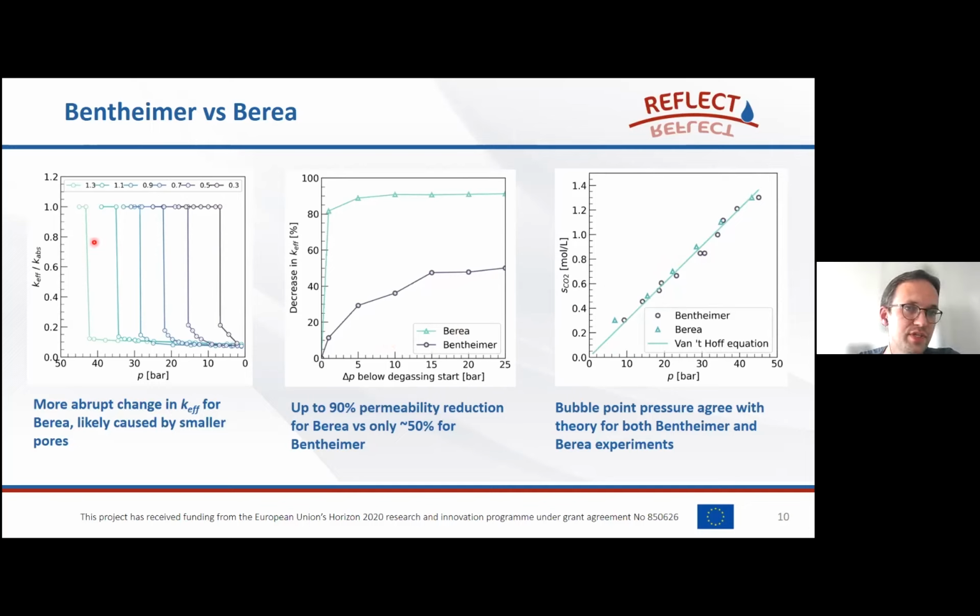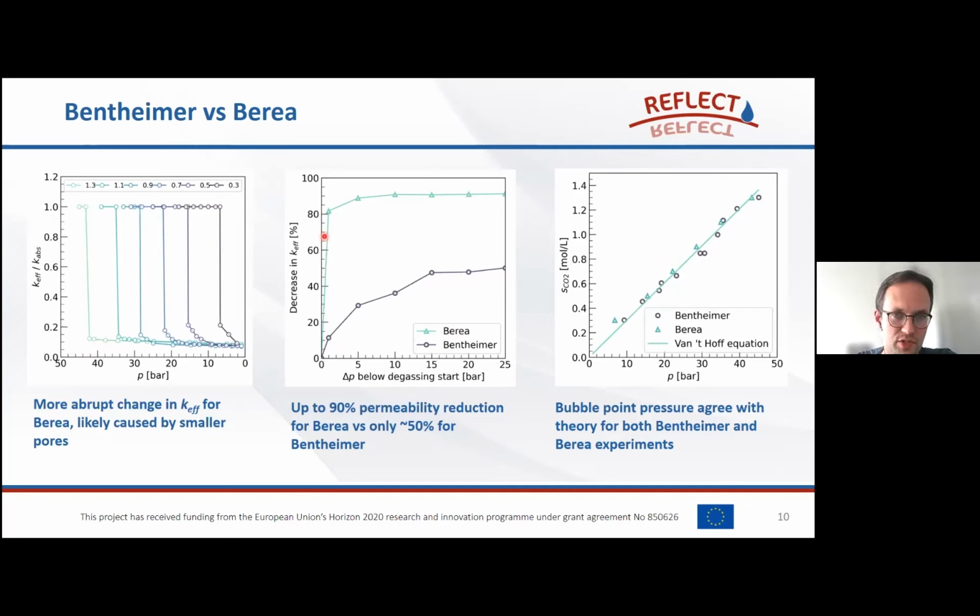And as a result of this, we find a much more abrupt change between a state of single phase flow and multi-phase flow. The pores are blocked much more quickly than for the Bentheimer sandstone.